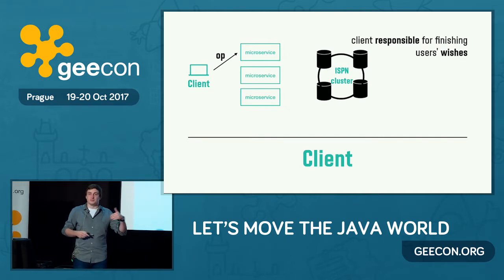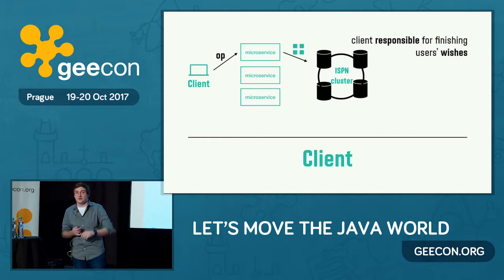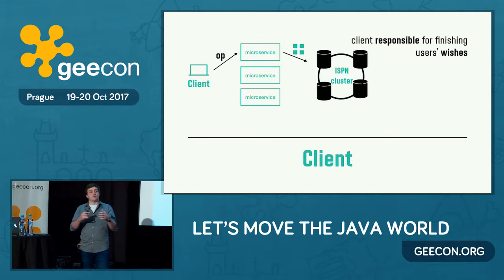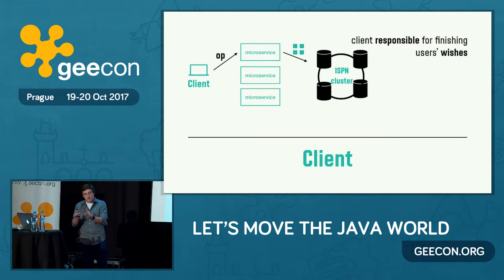So let's imagine that this will create a request on a REST API of the microservice. Then after some magic in the microservice, it will generate those 4 writes that need to be stored in the Infinispan cluster. And during that, the microservice fails.